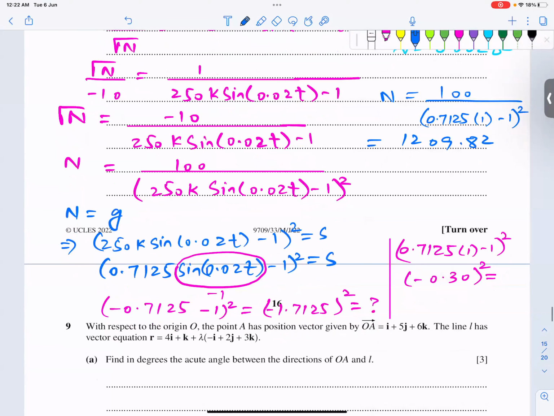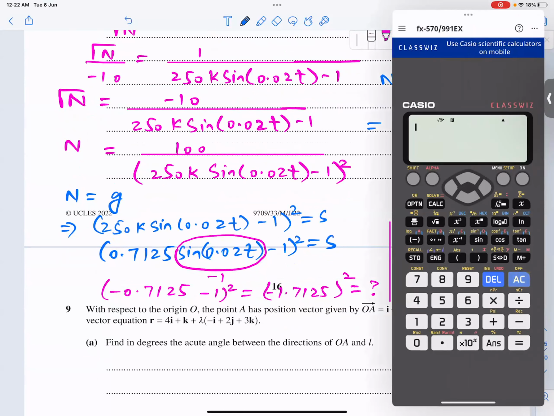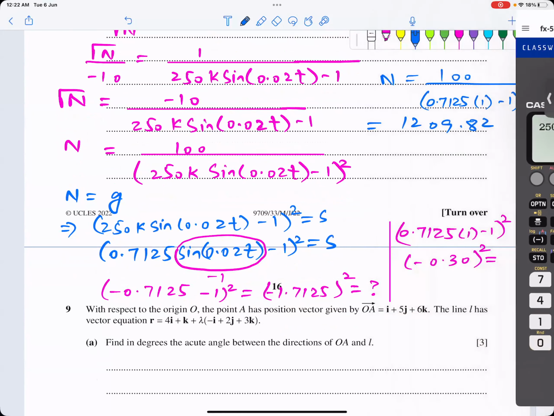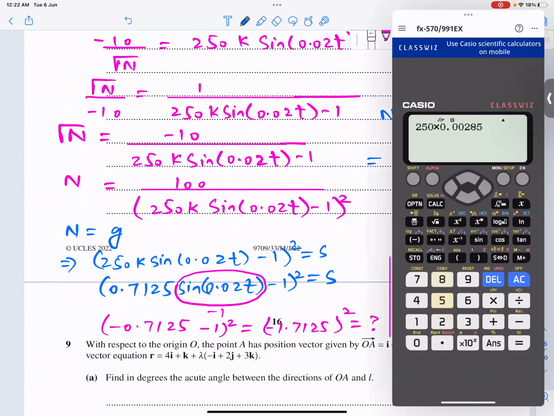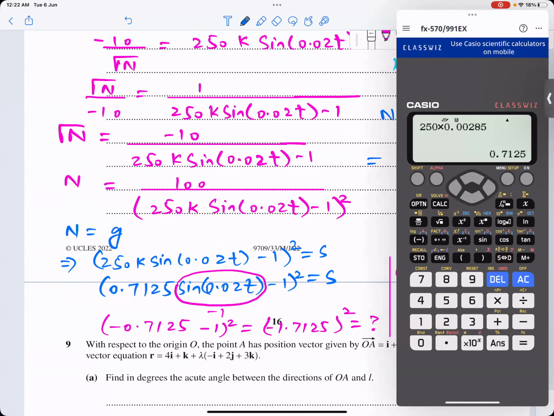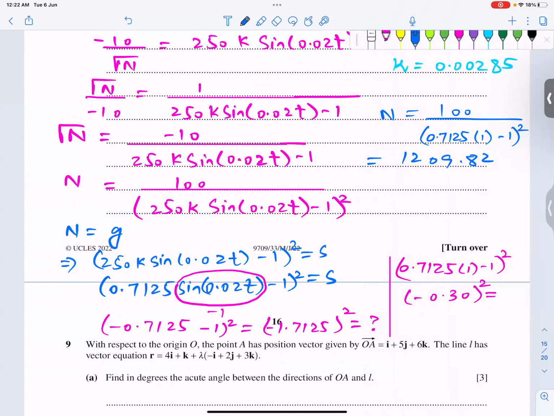Let me see if we multiply 250 with 0.00285. Let me see the answer.